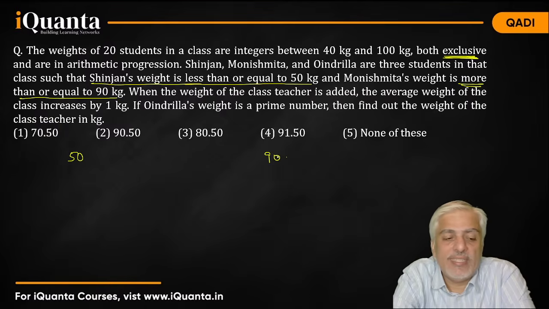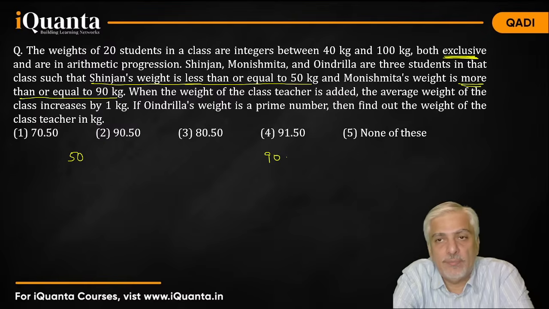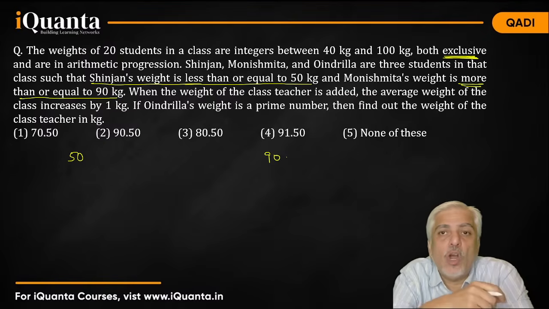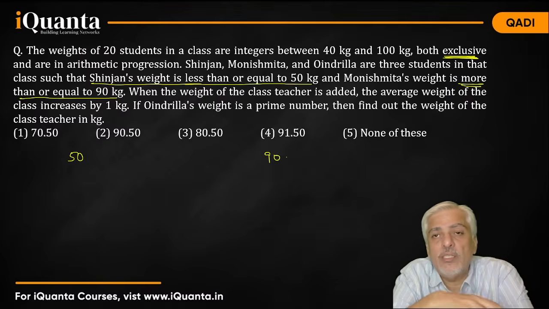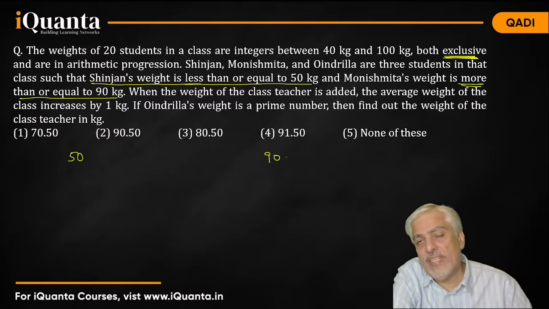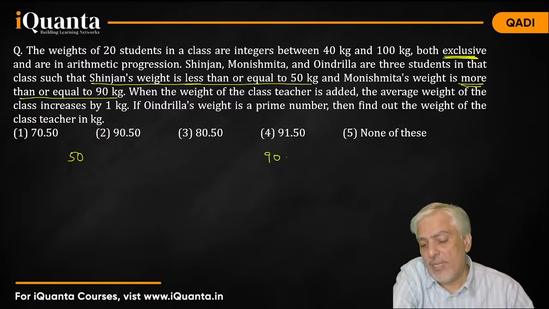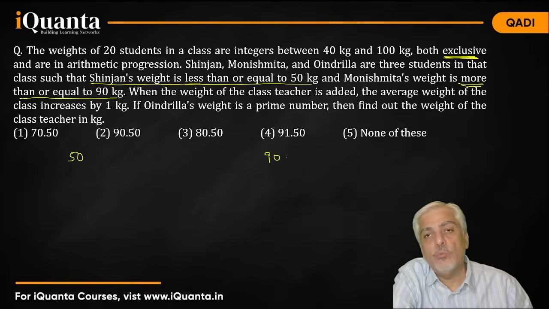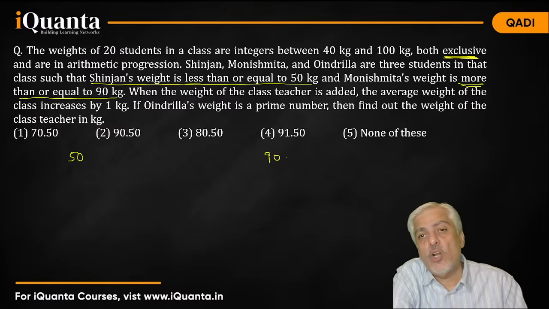And we have been told that there has to be an arithmetic progression. Now, even if I took common difference as 2, will it work? Everything is integer. So decimals are out. They have said everything is integer. If I took the common difference as 2, then do you realize it will not reach 90?